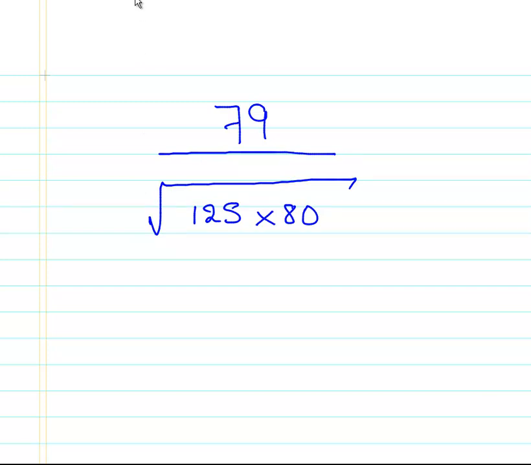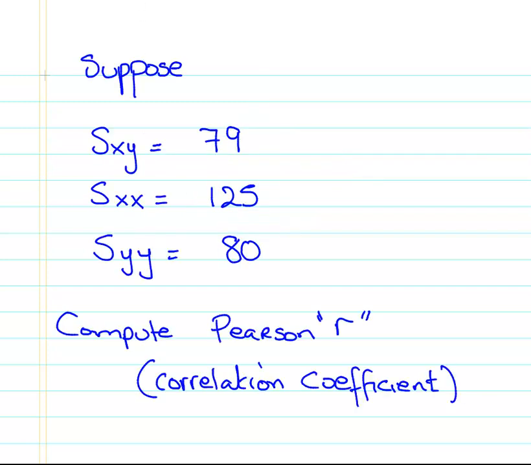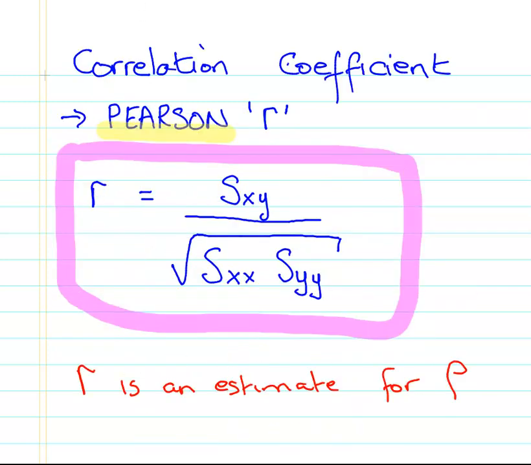Let's remind ourselves what the formula is, and I have it written at the start. We have SXY divided by the square root of SXX times SYY.